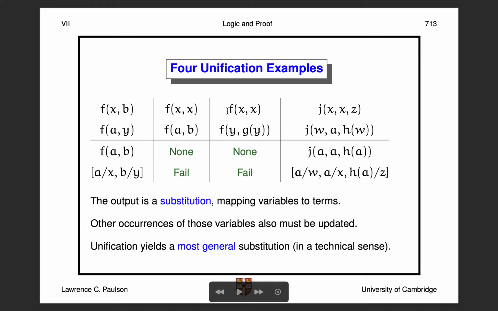This one here is the most important example and the one that will trip you up, so pay attention now. In this example, we again have f x x. The two arguments must be the same. Here we have f y g of y. Now we have a lot of variables here, and yet in the second call to f, you see that g of y involves y, which is the first argument, but with a g stuck on top of it, which means the second argument is syntactically bigger than the first argument.